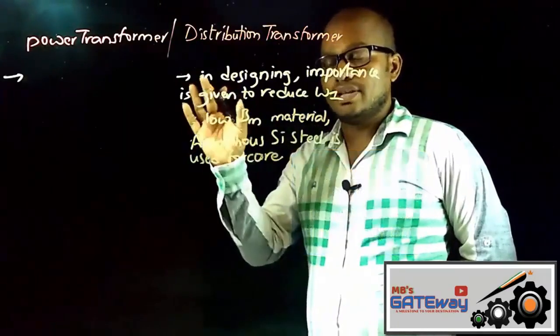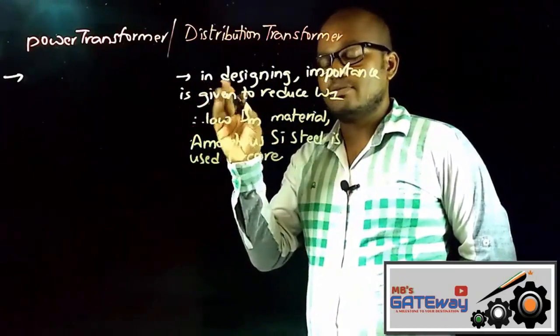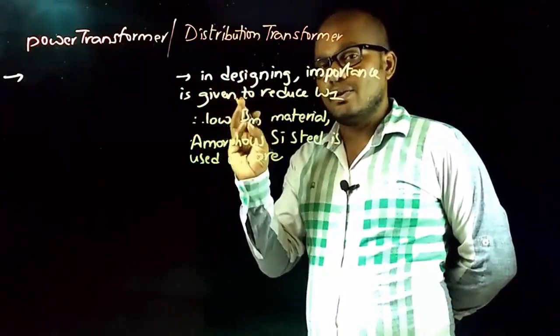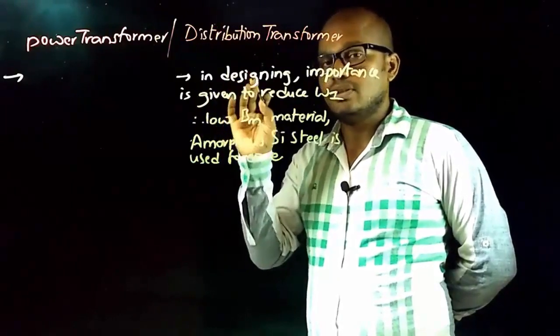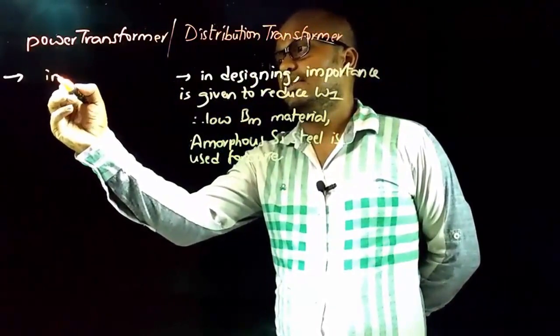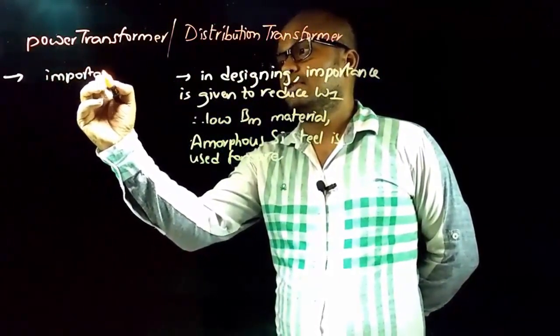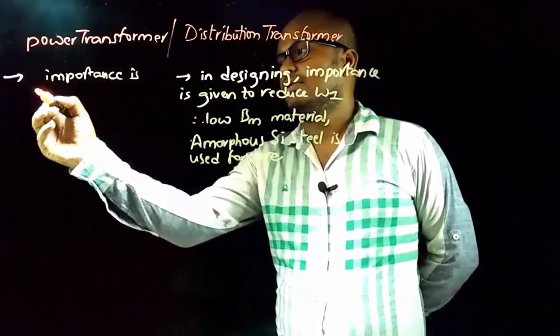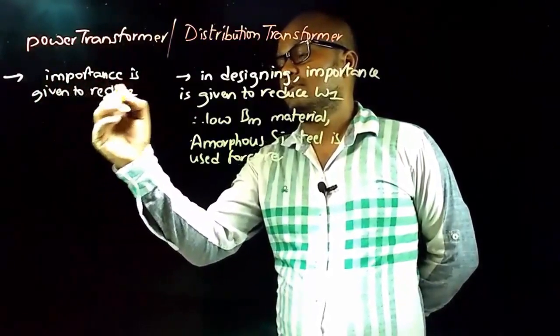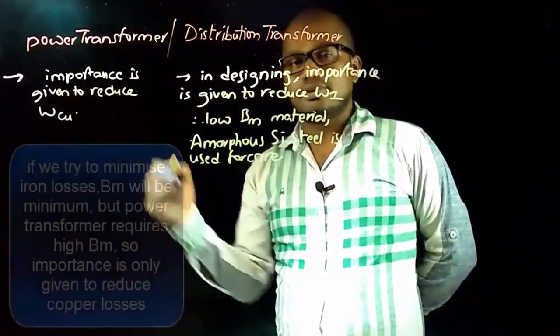And coming to power transformer, as it is continuously loaded for all the 24 hours, the iron losses and copper loss are also present for all the 24 hours. Therefore, here in designing, importance is given to reduce copper losses.